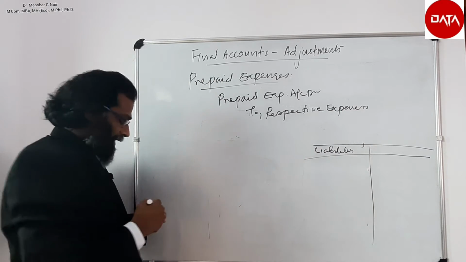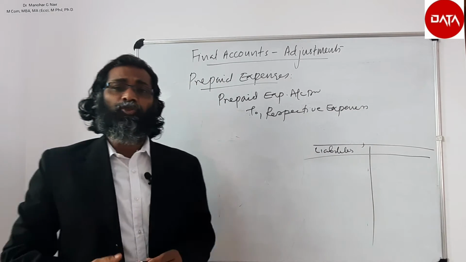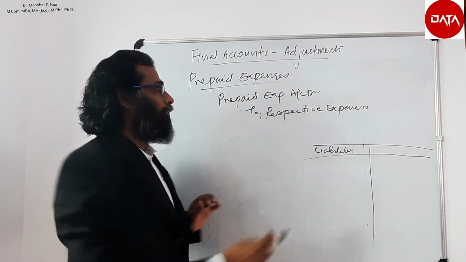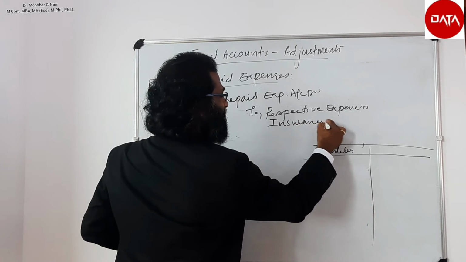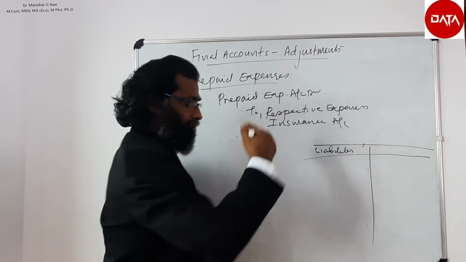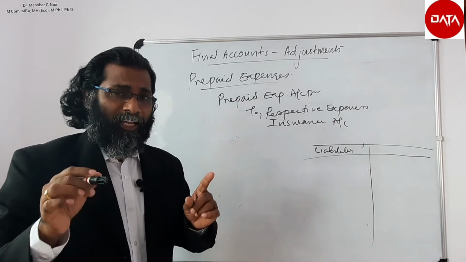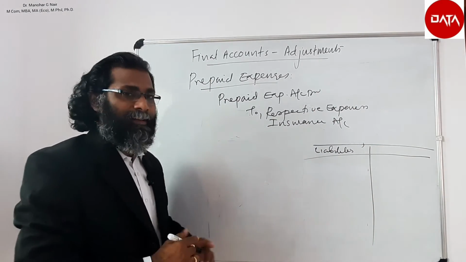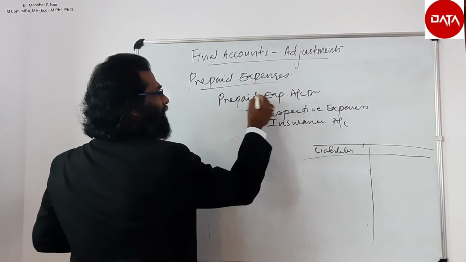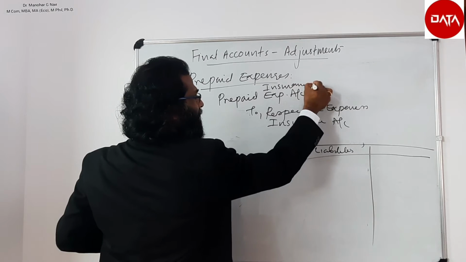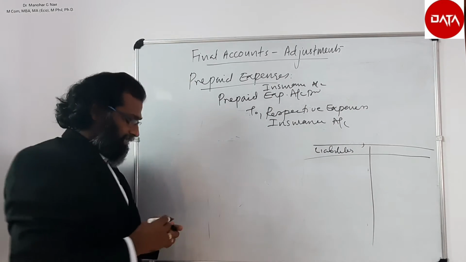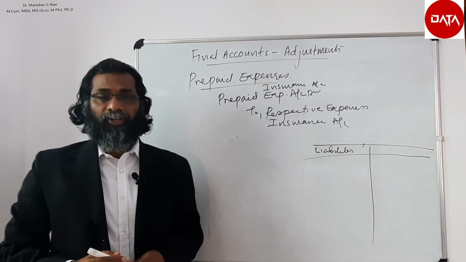Here the expense has to be reduced. For example, insurance prepaid, so the insurance account has to be reduced. To reduce an expense, it is to be credited, and the prepaid insurance account has to be debited to the extent of the prepaid portion.